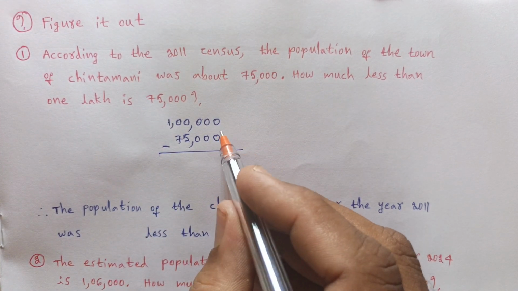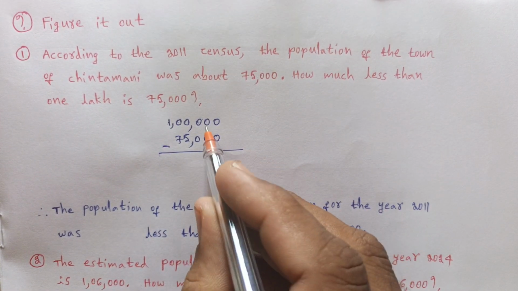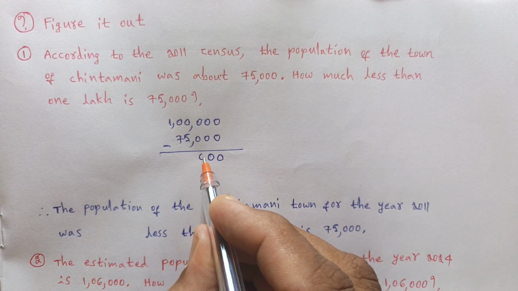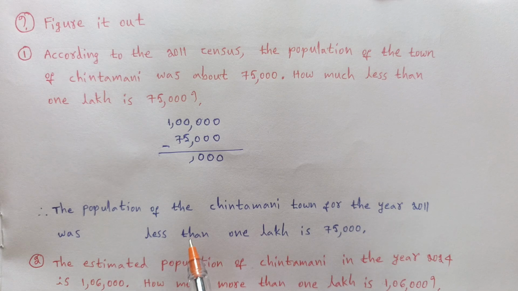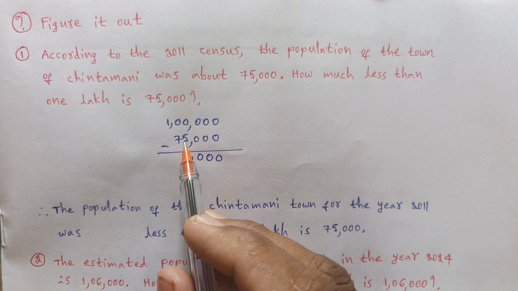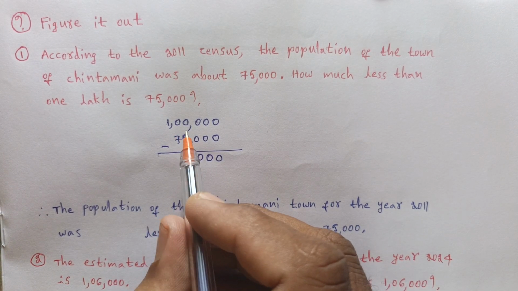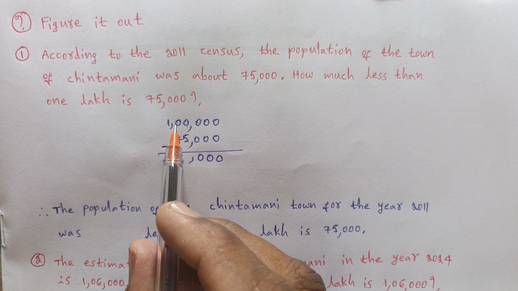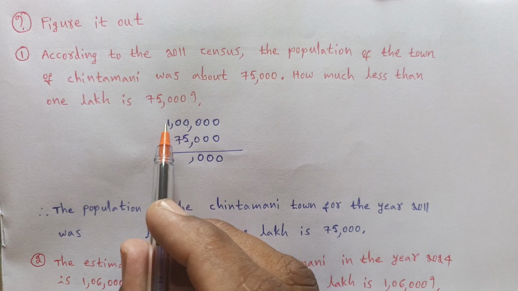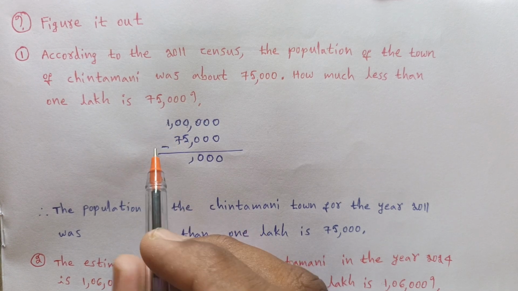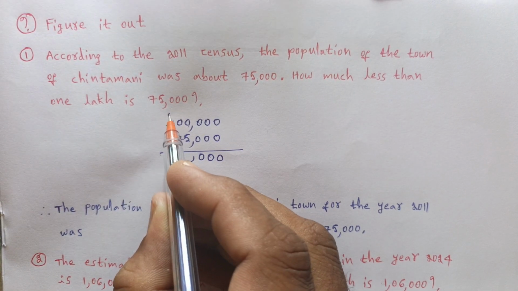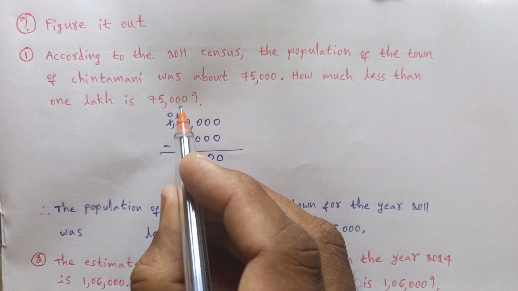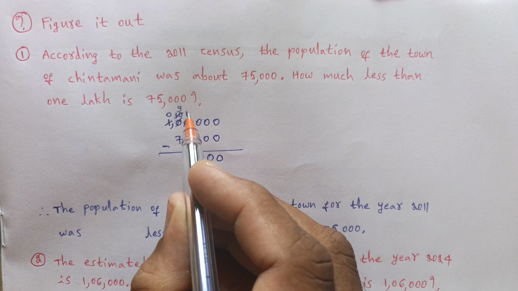So in the ones place or units place 0 minus 0 is 0, tens place also 0 minus 0 is 0, hundreds place also 0 minus 0 is 0, and here also from 0 we cannot subtract 5, because 0 is less than 5. So it has to take a borrow from the previous 0, and just like the previous problem, it also has to take the borrow from the 1 lakh's place. So 1 becomes 0, it becomes 10. After giving borrow, it becomes 9 to the next one.